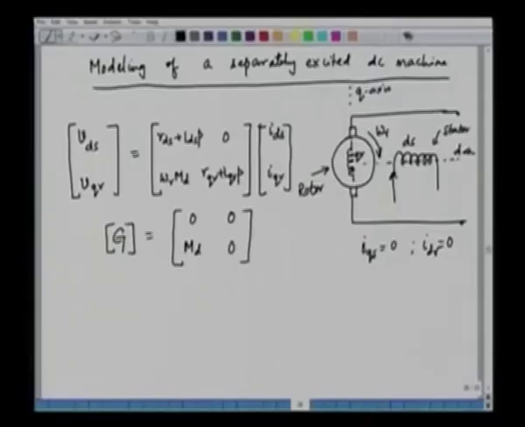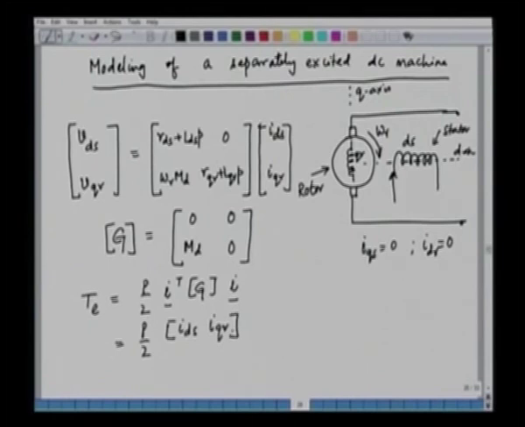And we can find out the torque equation in this case. As per Kron's primitive machine equation, we can say that TE is equal to P by 2 I transpose G I. Here the torque equation is as follows: P by 2, what is I transpose? I transpose is IDS IQR.